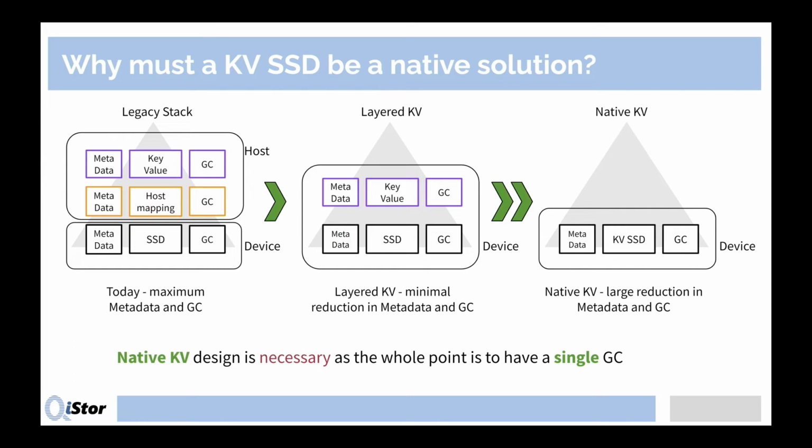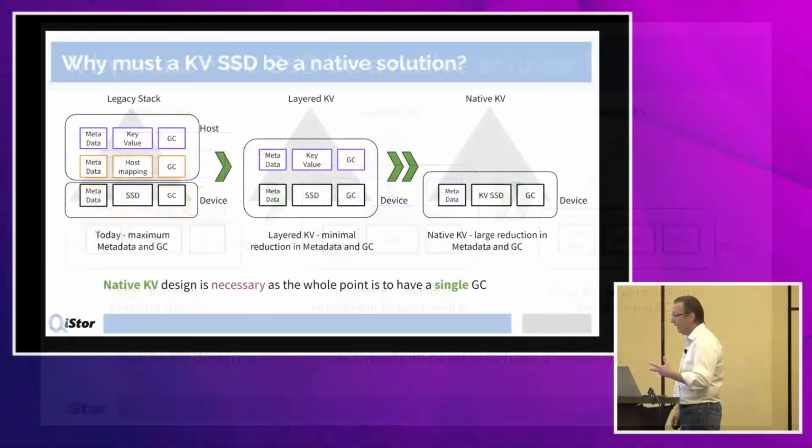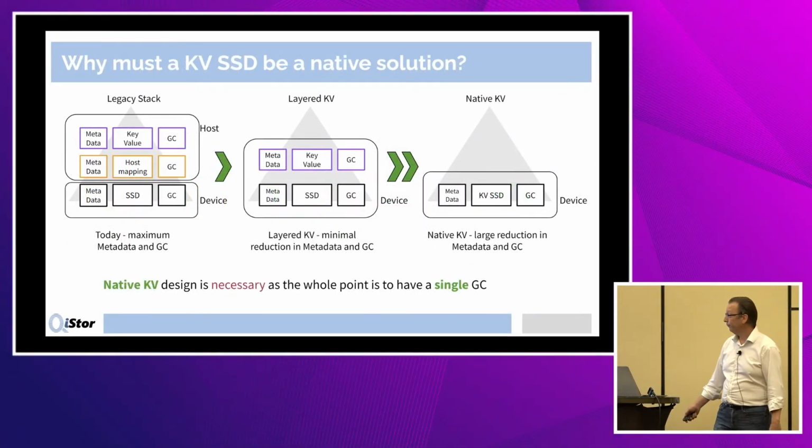Now, if you try a layered approach, although it's simpler to implement, you end up with the same problem: two systems, with the garbage collections and metadata multiplying together, which means the only way to make this really viable is to have a native KV.